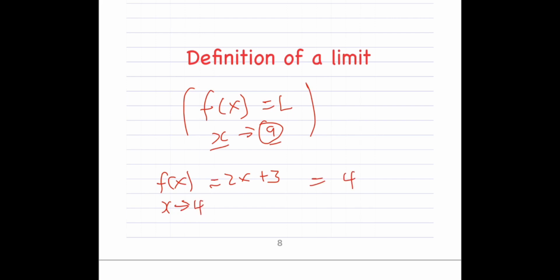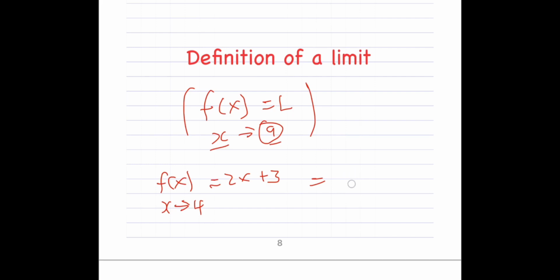How did we do it? We have different ways of evaluating limits of a function, and one of them is an algebraic approach. We have three different ways, and we'll be talking about these ways of finding limits in my subsequent videos.